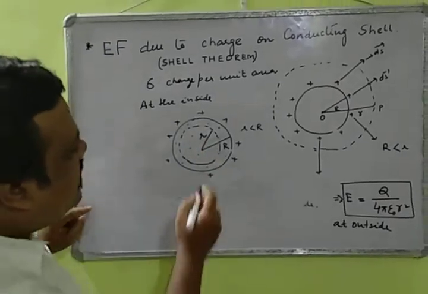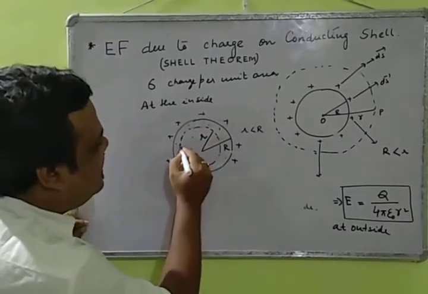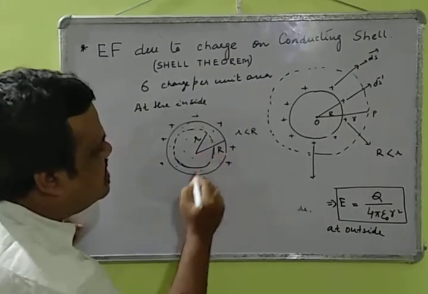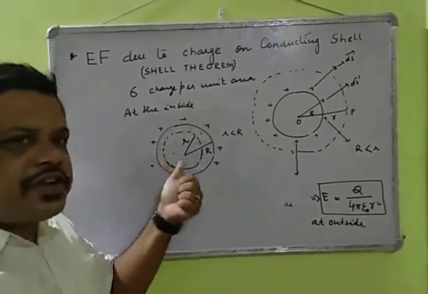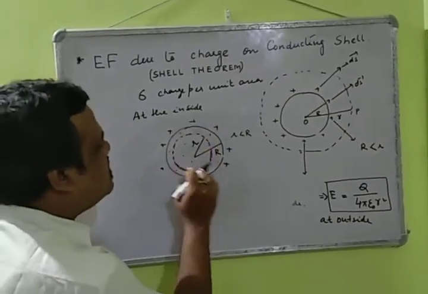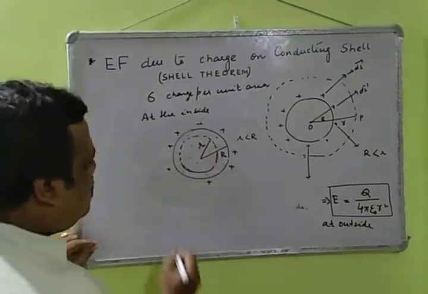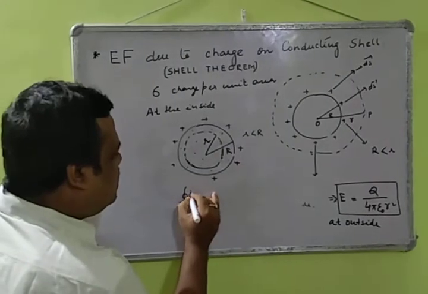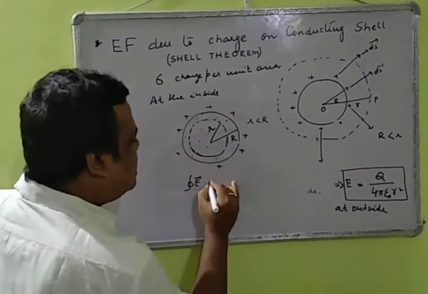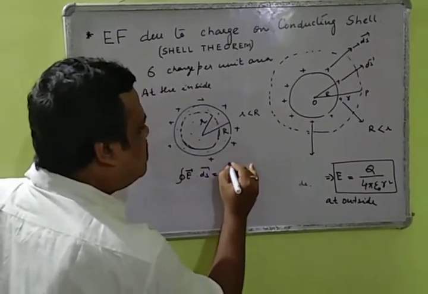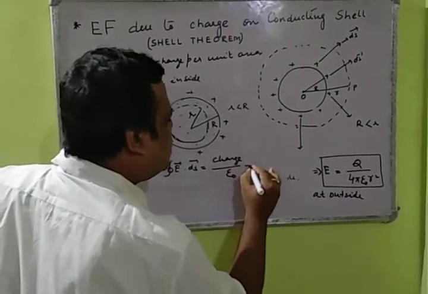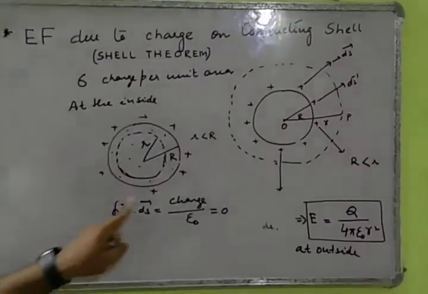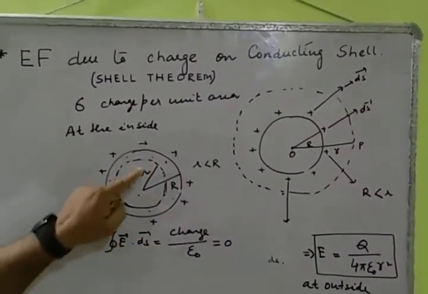So you see, if this is a Gaussian surface, is there any charge enclosed by it? The answer is no. There is not a single charge enclosed by this Gaussian surface. So the integration of E dot dS equals charge enclosed by epsilon naught, which must be equal to 0 because there is no charge enclosed.